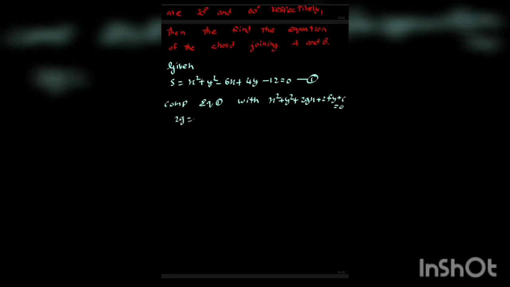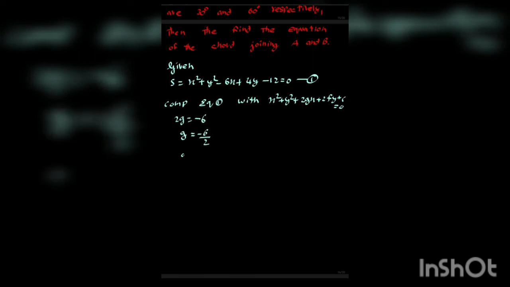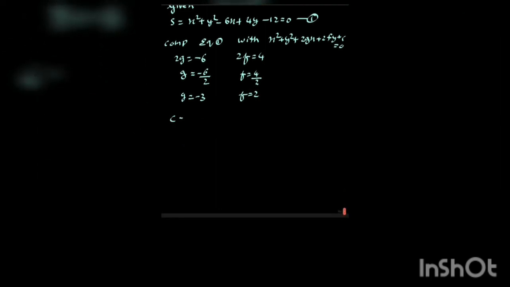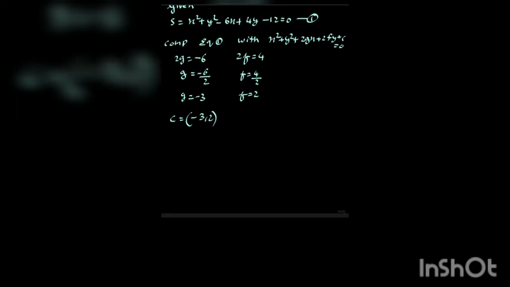So 2g is equal to minus 6 and g is equal to minus 6 by 2. So g is equal to minus 3 and 2f is equal to 4 and f is equal to 4 by 2. So f is equal to 2. So by this we got c is equal to minus 3 comma 2.